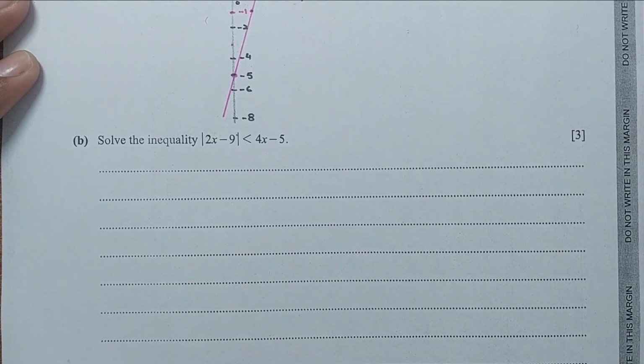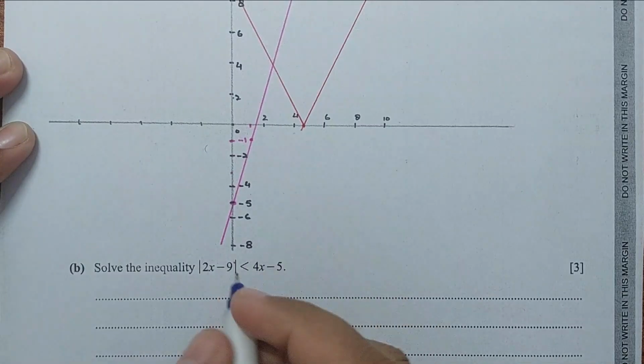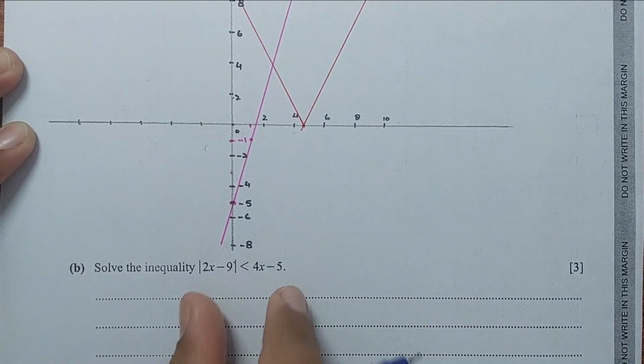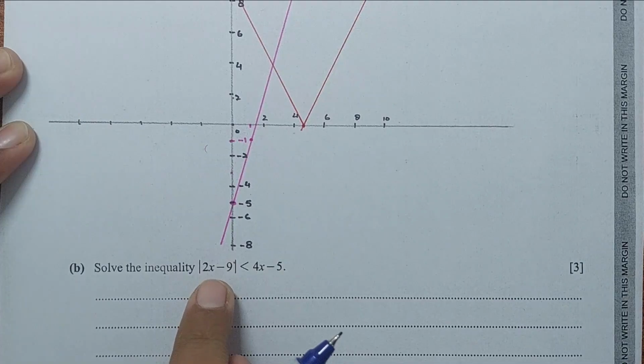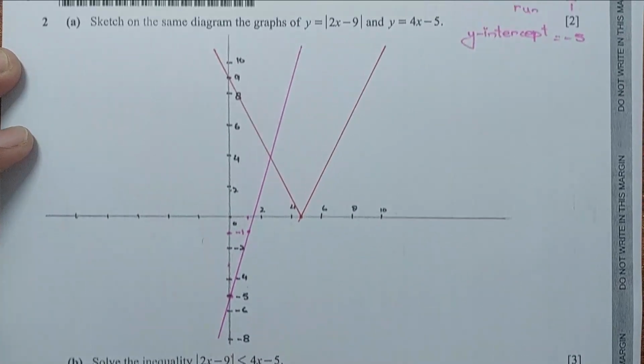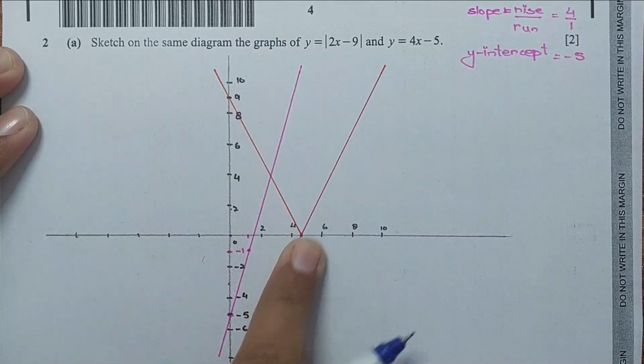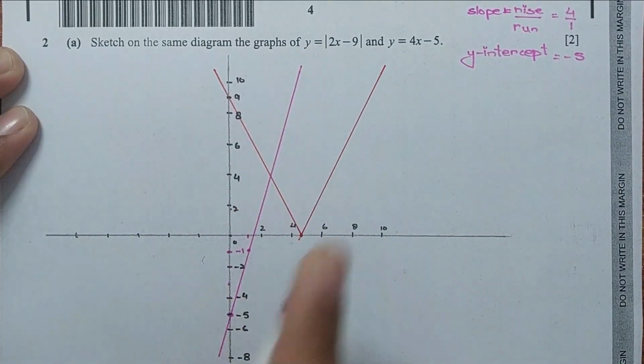Now for part B, solve the inequality when this absolute value is less than 4x minus 5. Alright, so in this question, first we need to find out the point of intersection of these two functions, the absolute value function and the linear function. As you can see, this is the absolute value function and this is a linear function. They have only one point of intersection.